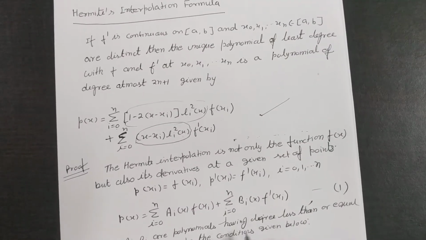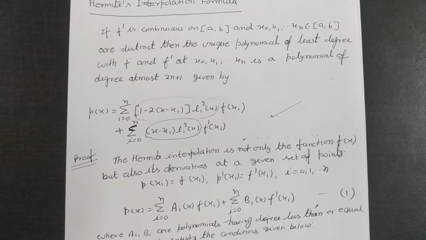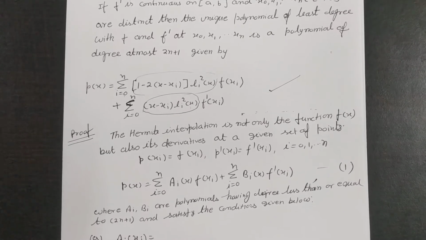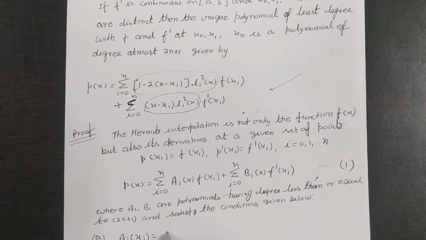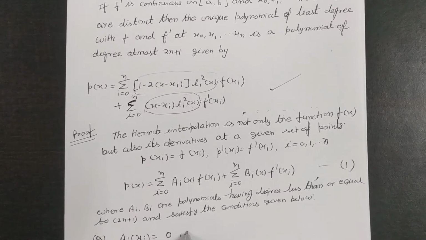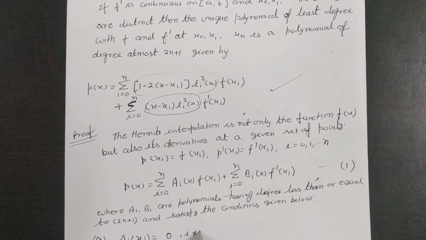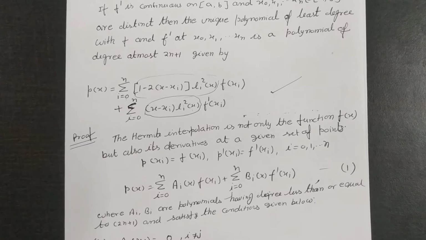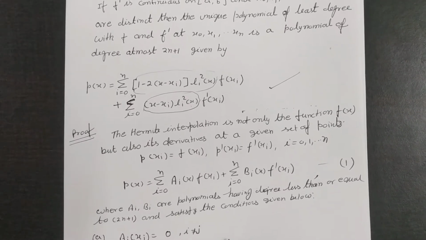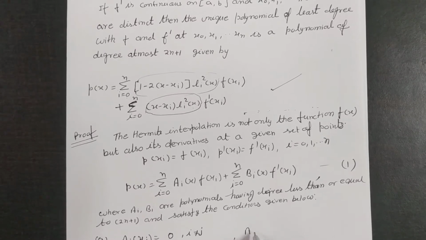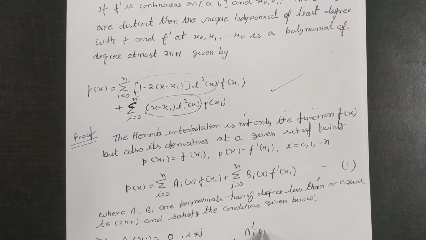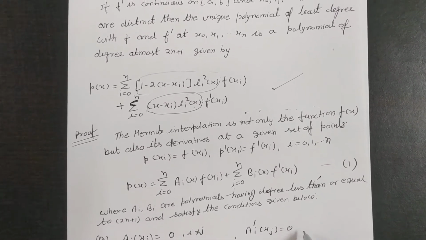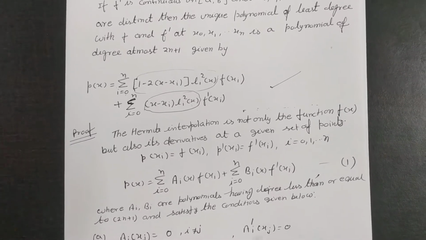Suppose these are Ai and Bi, using the conditions. The conditions are Ai(xj) is equal to the Kronecker delta, that is, equal to 0 if i is not equal to j and equal to 1 if i is equal to j. Similarly, the derivative Ai dash(xj) is equal to 0 for every i and j.